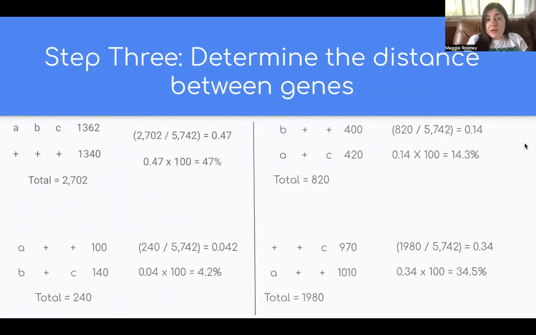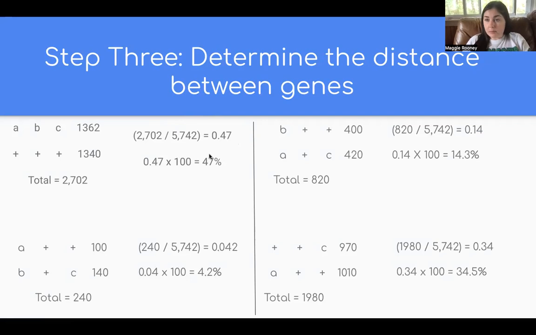Step three, determining the distance between the genes. We're going to start off with our non-crossover here. And we have the total of 2,702 as we decided before by adding these numbers. That number gets plugged in here. 5,742 is the total of the given data set that we had talked about on the previous slide to get a decimal of 0.47.